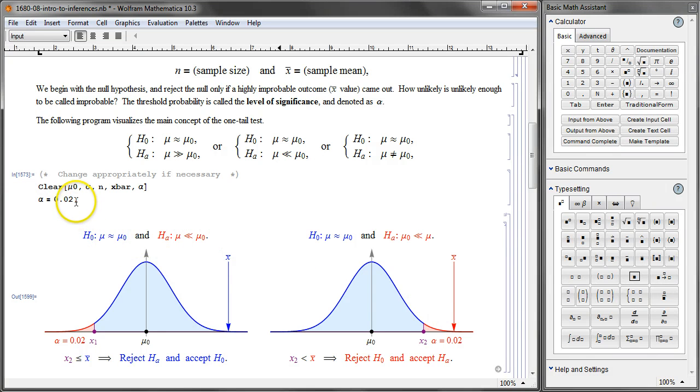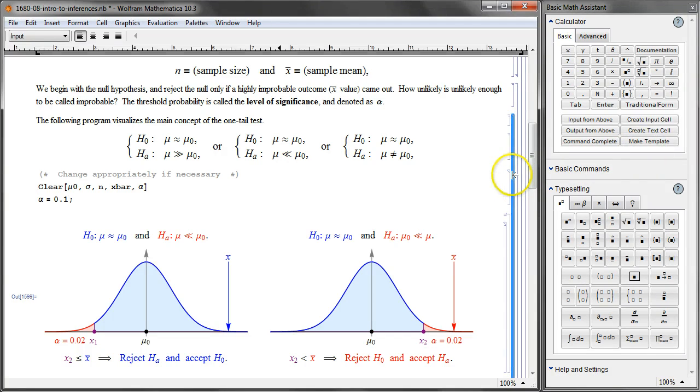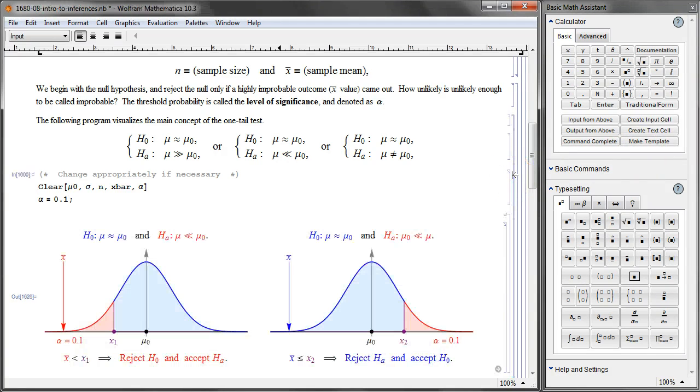What if I change this alpha value once more? Change to 0.1 and 10%. We're going to get this time a much bigger red area here. Let's look at the left-hand side picture. This area here, this wing part, is now 10%. And that's what this level of significance does.